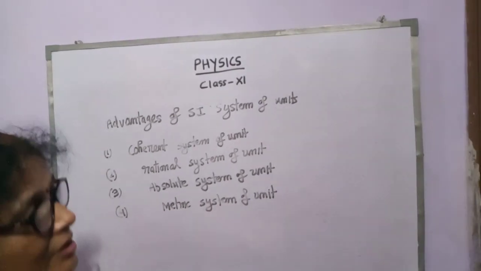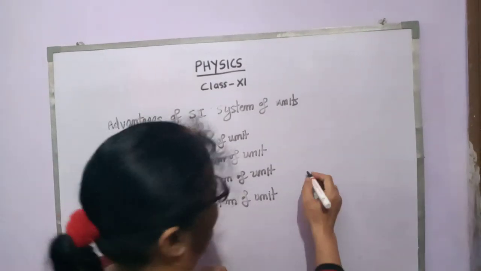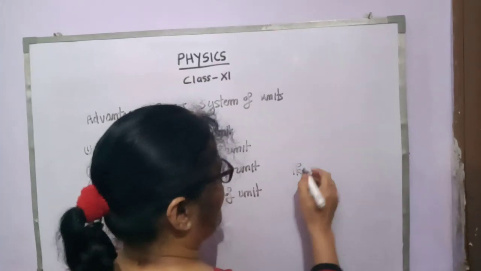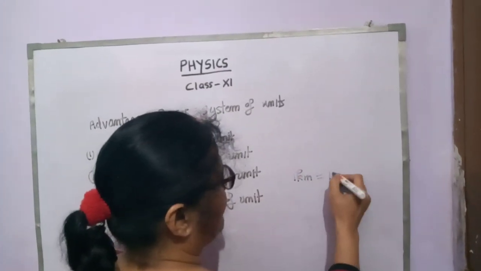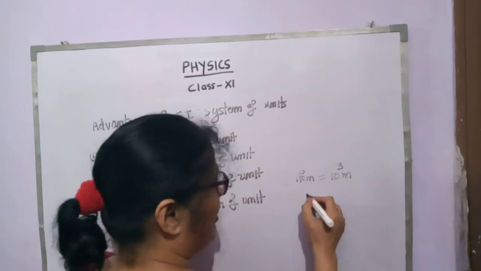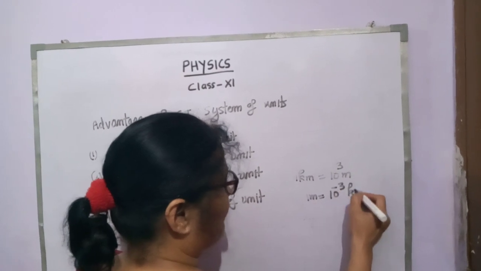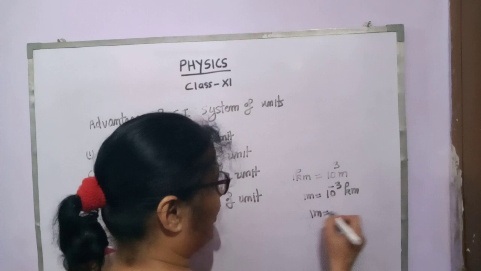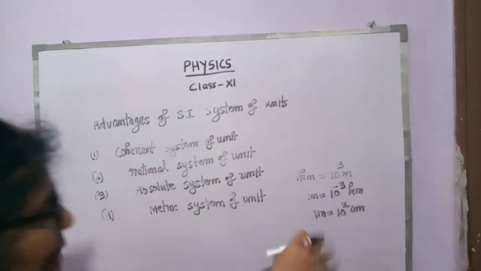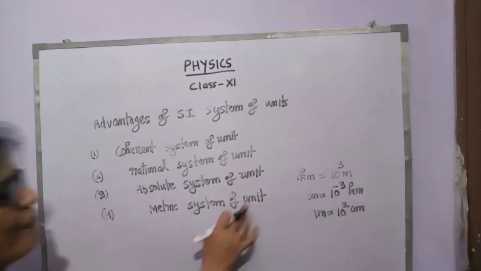Now, how can you convert meter into kilometer? 1 kilometer is equal to 10 raised to the power 3 meter. Or you can also say 1 meter is equal to 10 raised to the power minus 3 kilometer. 1 meter is equal to 10 raised to the power 2 centimeter. All the multiples and submultiples can be expressed only in powers of 10. That's why it is known as the metric system of units.